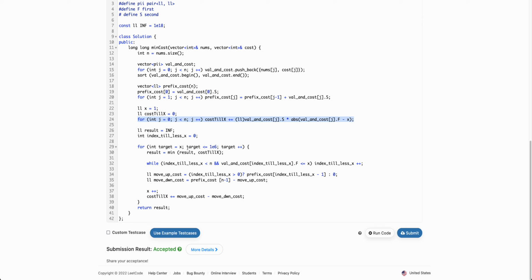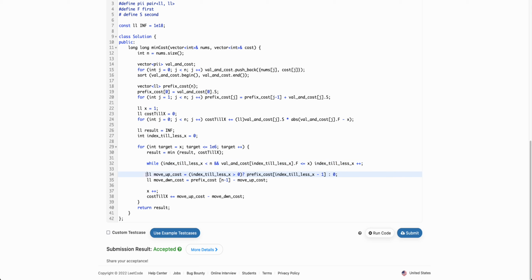So we have started with x equals 1, and we will go until 10 to the power 6, right? So for the current value, we know the value of x equals 1, so we just take the minimum for the result. And this was the value for index till x. So index till x is initially 0, and we keep on incrementing it while the values are less than or equal to x.